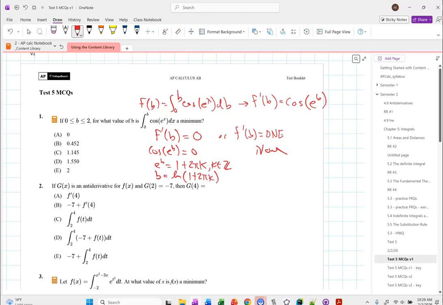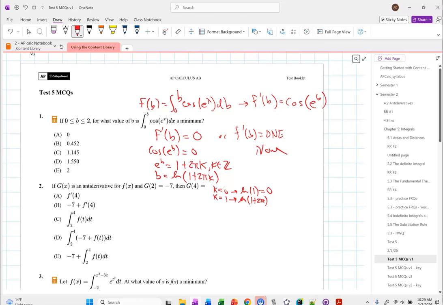And this is where I'm going to need my calculator. When k equals 0, I'm just doing the natural log of 1, which I know what that is. When k is equal to 1, I'm doing the natural log of 1 plus 2 pi. Oh my God.